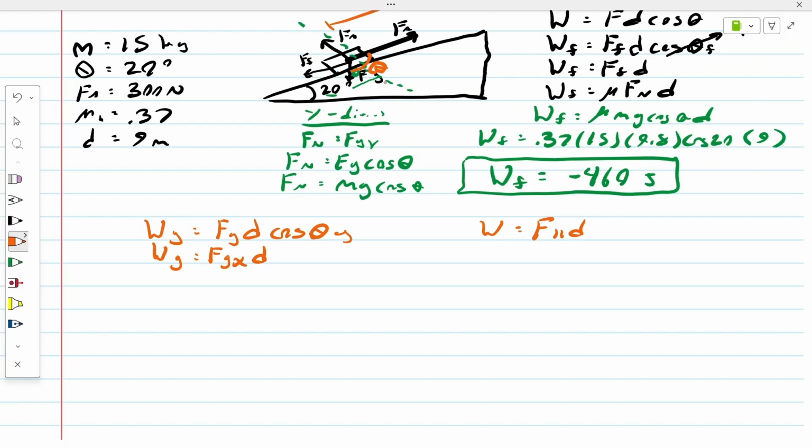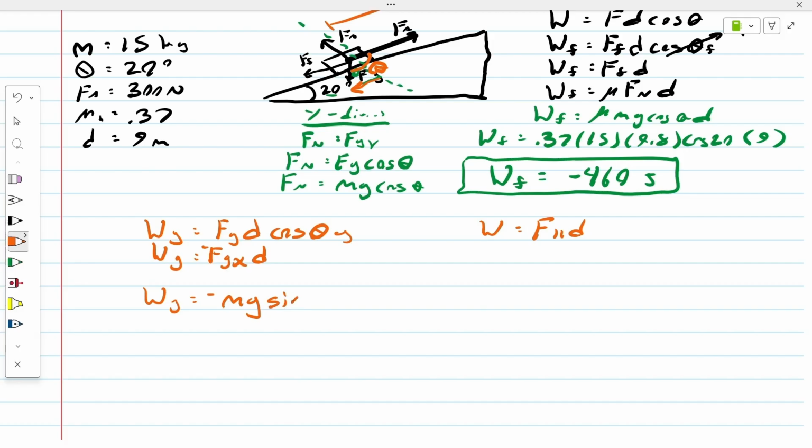But we know that since Fgx is in the opposite direction of the motion, it'll be a negative Fgx times d. Now we can find what Fgx is, which is just the mass times gravity, because that's the force due to gravity. But then the angle from this incline is going to be sine because it's off the parallel.